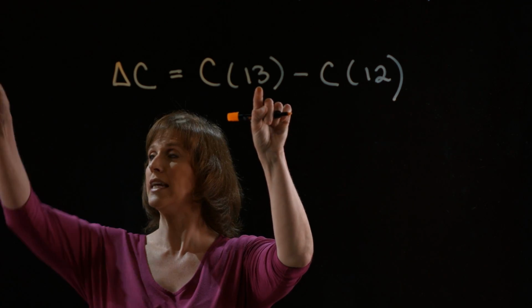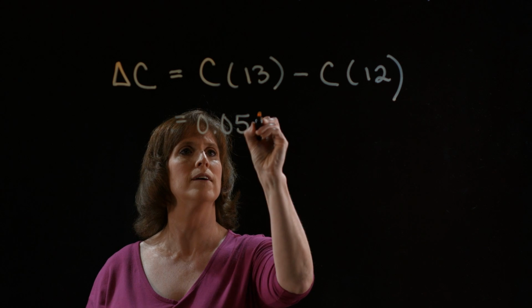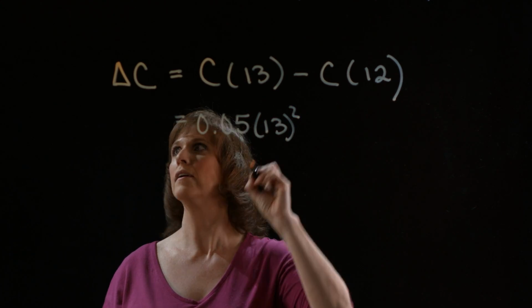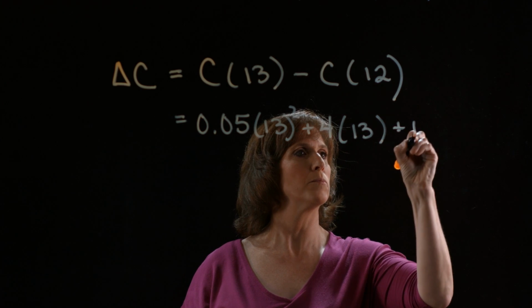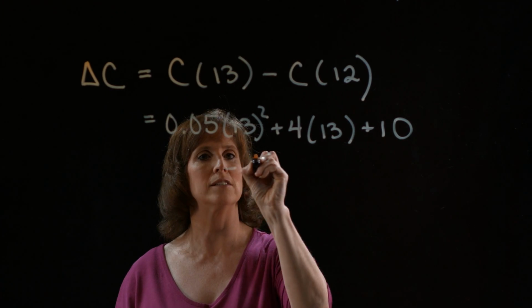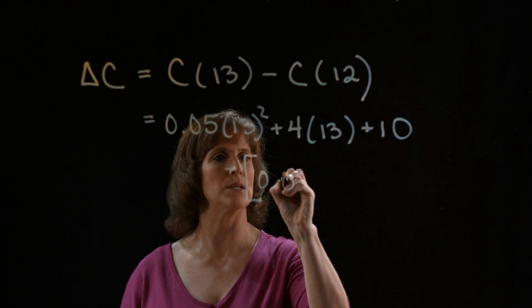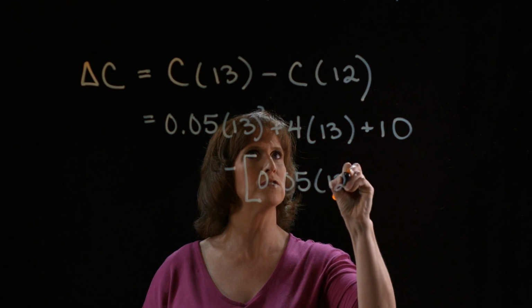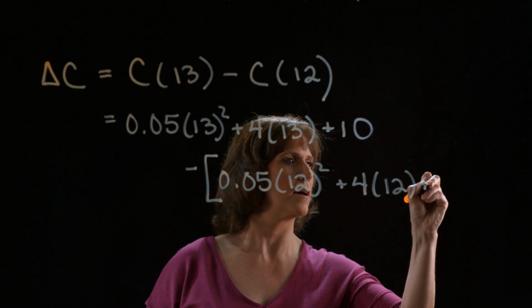I need to plug 13 into my cost function. So I'll have 0.05 times 13 squared plus 4 times 13 plus 10. Then I'm going to subtract what happens when I plug a 12 in. That'll be 0.05 times 12 squared plus 4 times 12 plus 10.